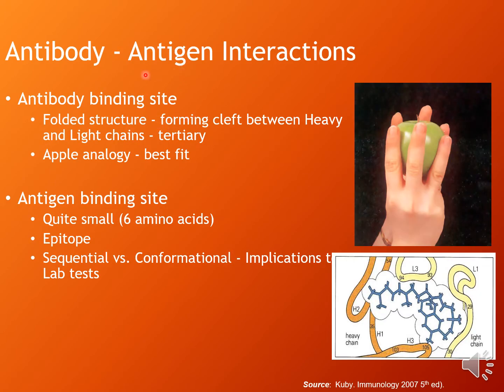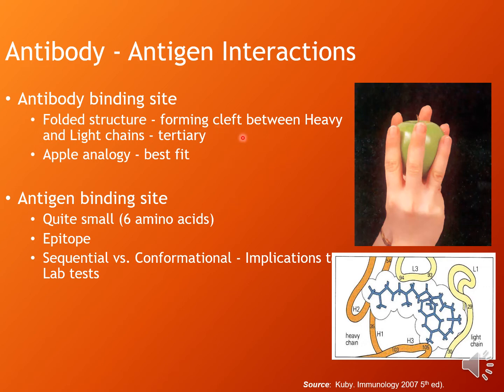The next one here would be about antigen and antibody reaction. There are theories about how antigens and antibodies interact. One of those theories is that it folds, the so-called apple analogy theory. That means it holds the antigen in between its arms.